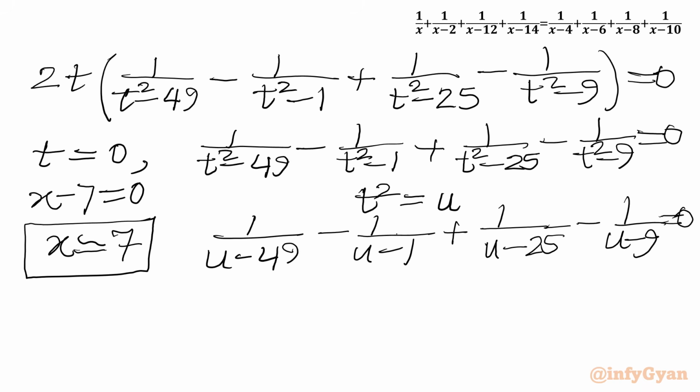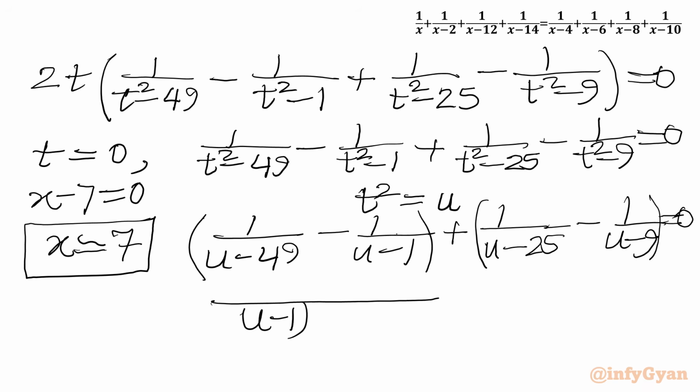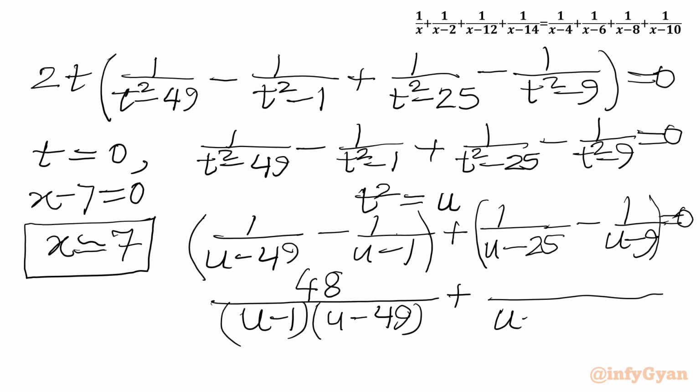Now we will take LCM over here. So we will get product of denominators u minus 1 times u minus 49, and in numerator we will get u minus 1 minus u plus 49. So 49 minus 1 is 48, plus in denominator we will multiply u minus 9 with u minus 25, and in numerator u minus 9 minus u plus 25, which is 16, equal to 0.